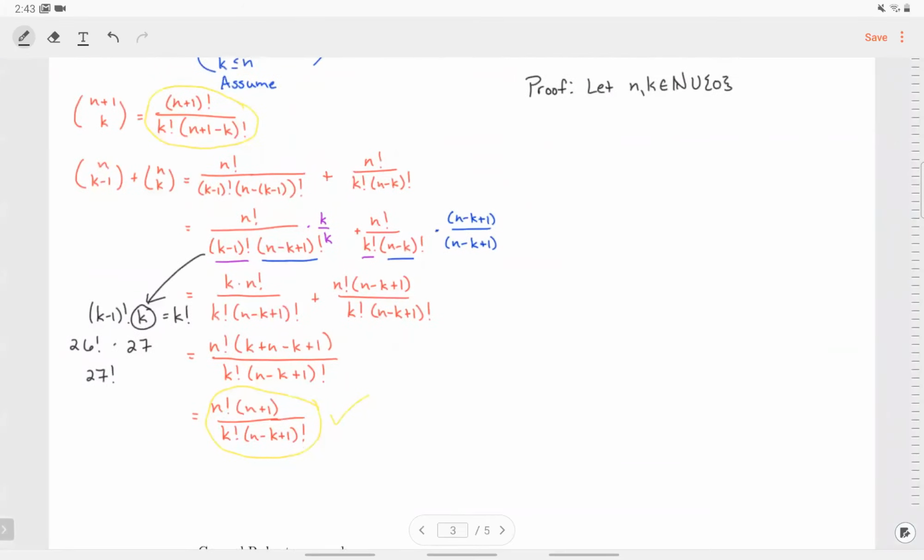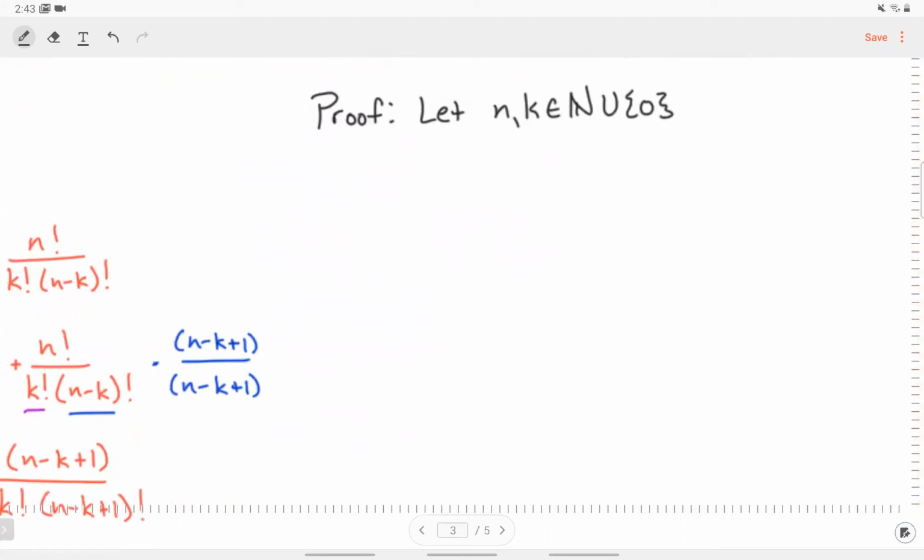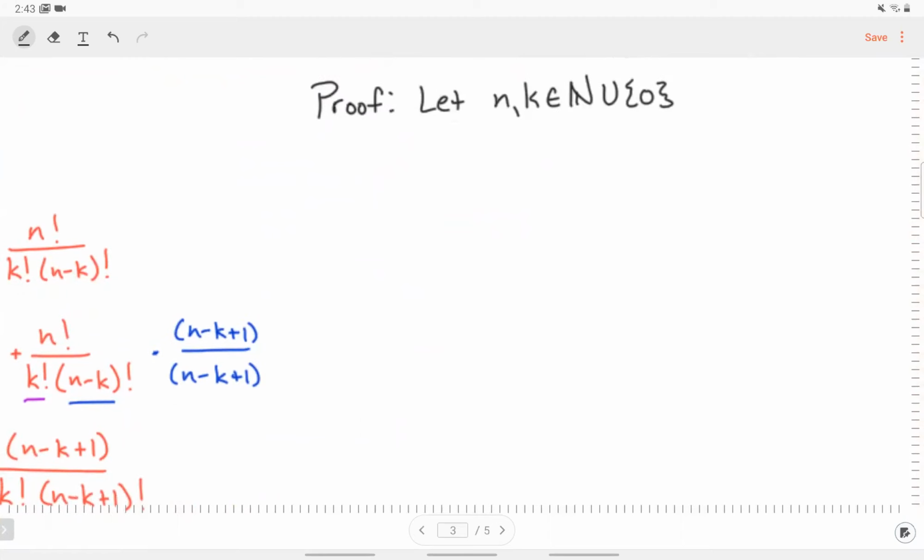All right. Oh, wrong thing. So proof. Let n and k be the natural numbers union 0. Then, oh, I guess I should say with k less than or equal to n. Okay. Then, and now we put our string of equations.